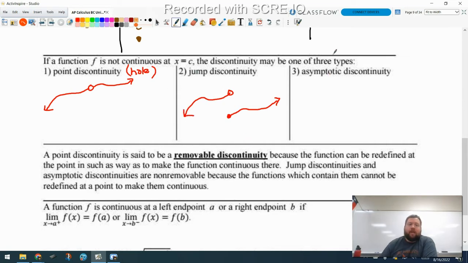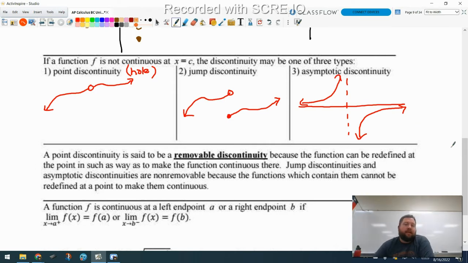So it jumps. And an asymptotic discontinuity is where your function approaches an asymptote. Something like that.